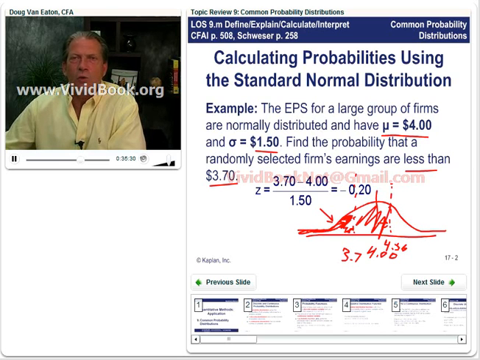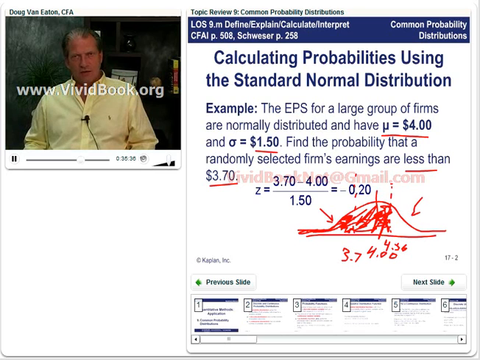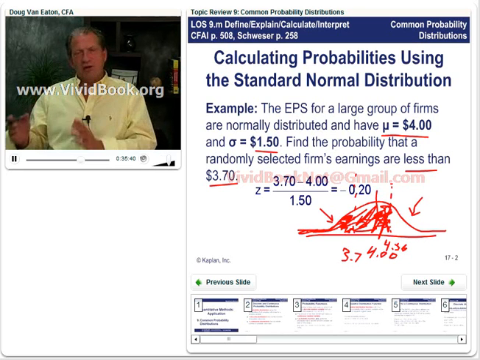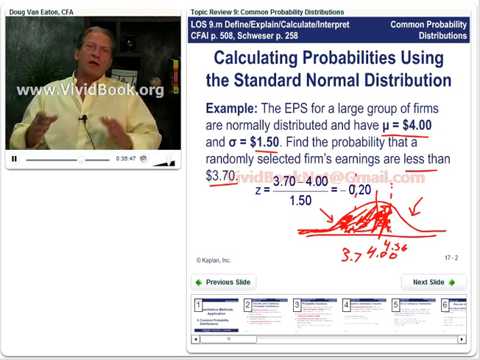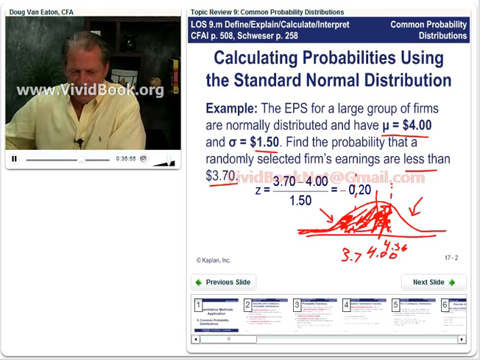And if I took 1 minus that, I'd find this tail, which is the same thing I'd find on the negative tail, because it's symmetric. So the probability of being less than 0.2 standard deviations below the mean, or getting a value more than 0.2 standard deviations above the mean, are exactly the same thing. And that's what we'll show in the numbers for the rest of the example.